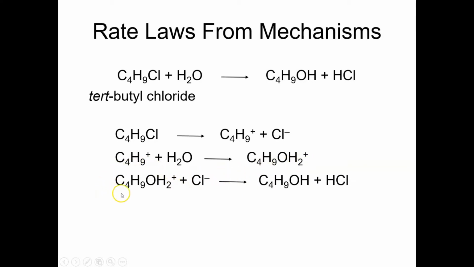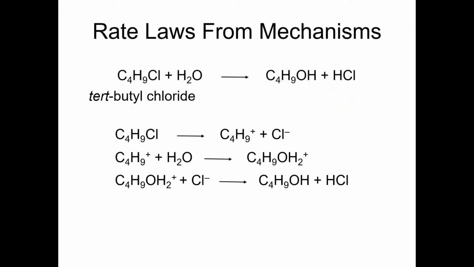Then that oxonium ion reacts with chloride to give tert butyl alcohol, which is the product, plus hydrogen chloride, which is the other product. This intermediate cancels out that intermediate, and this intermediate cancels out that intermediate. It all adds up to the balanced overall equation.